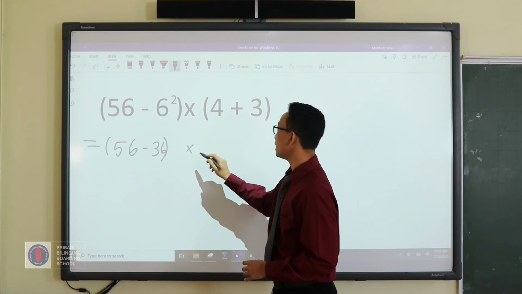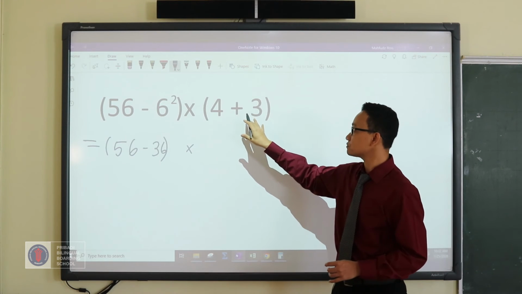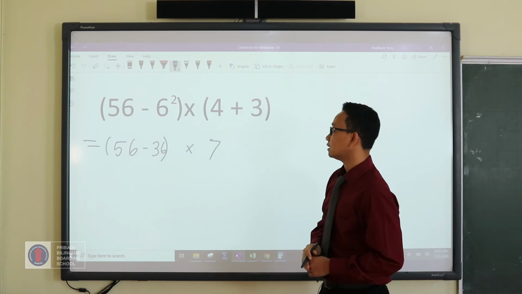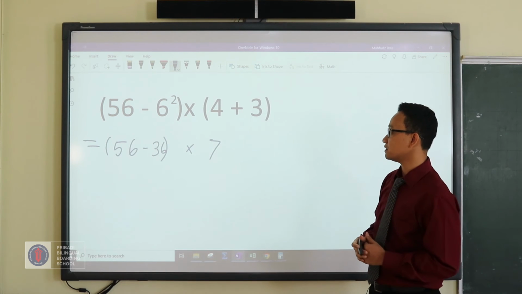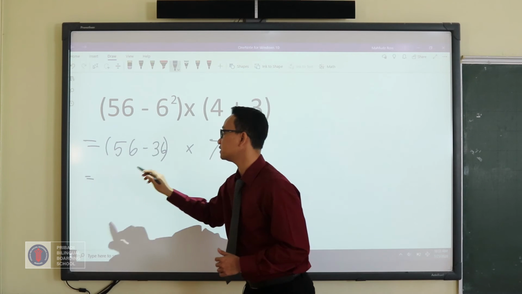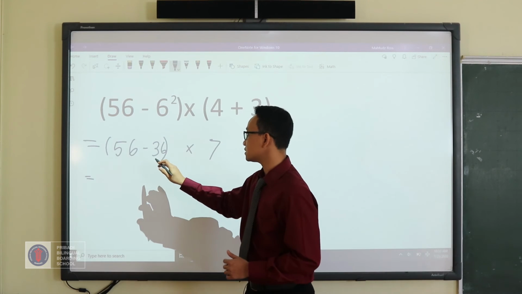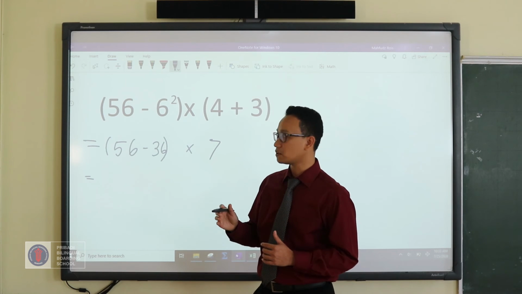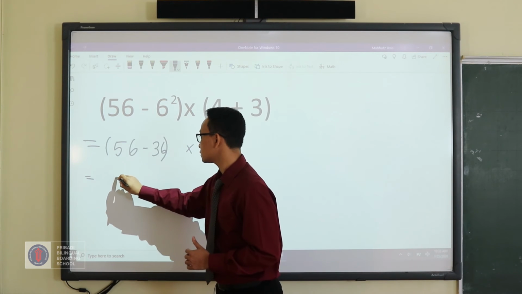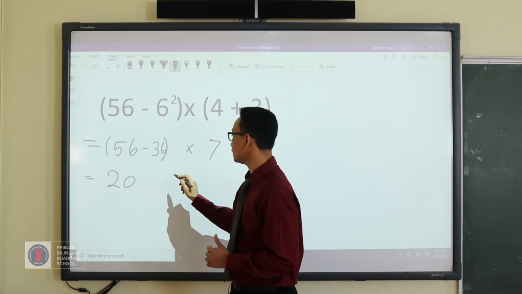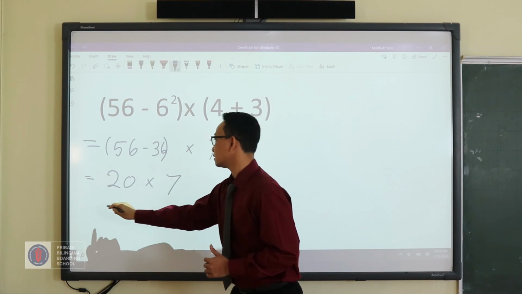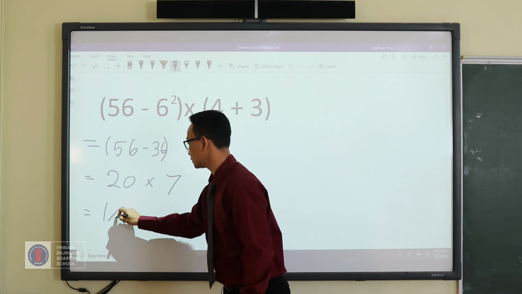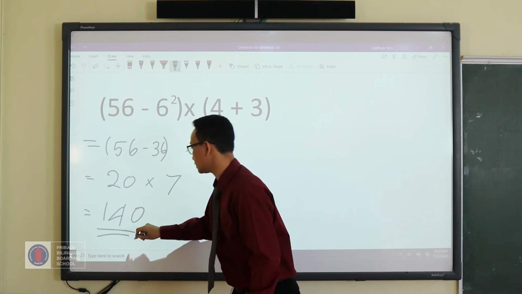And it's multiplied by, inside this parenthesis, the addition 4 plus 3, which equals 7. Inside the first parenthesis we have subtraction, so 56 subtracted by 36 is 20. And then multiply by 7. Of course, it will be 140.